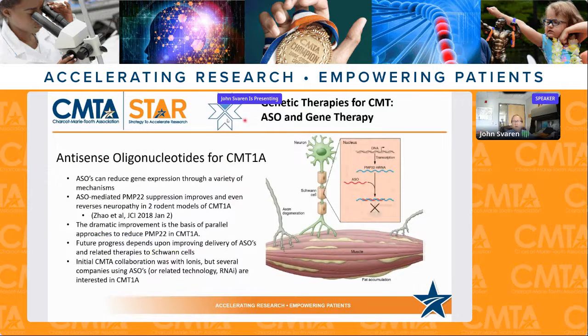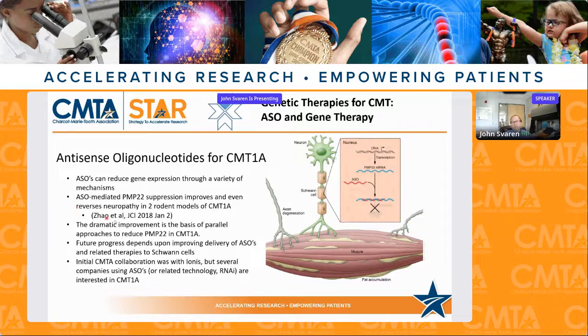So one of the early successes of this was the use of antisense oligonucleotides for CMT1A. And antisense oligonucleotides are just very small pieces of DNA. And these have been known to reduce levels of a specific gene, and different mechanisms can apply here. And the CMTA established a collaboration with a company known as Ionis.